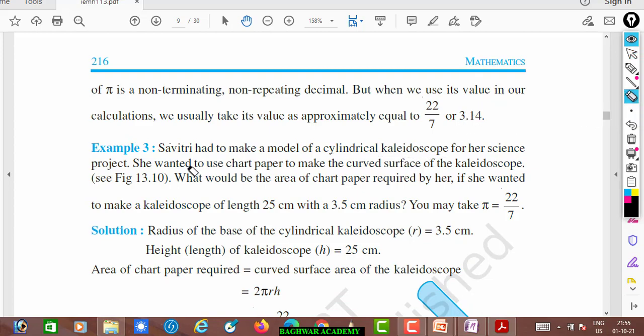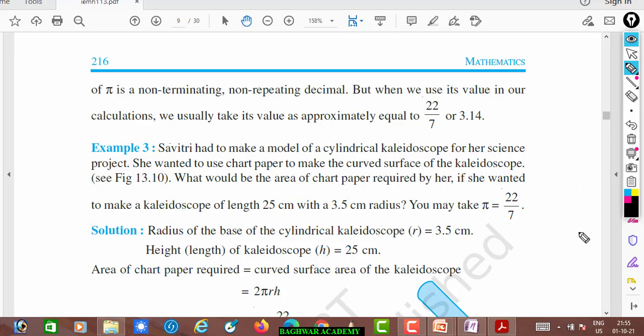Savitri had to make a model of a cylindrical kaleidoscope for her science project. She wanted to use chart paper to make the curved surface of the kaleidoscope. What would be the area of chart paper required by her if she wanted to make a kaleidoscope of length 25 centimeter and with a 3.5 centimeter radius?